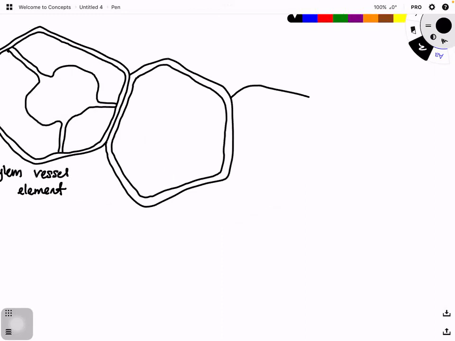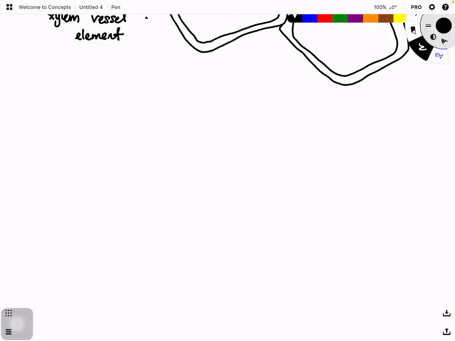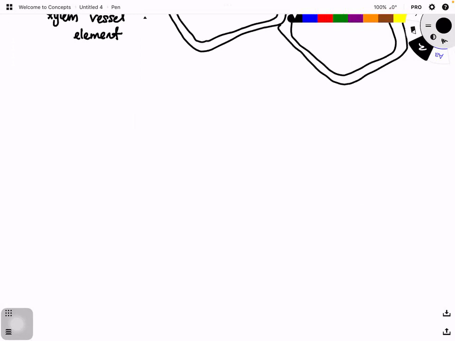You can draw it, you can take a snapshot later. So because of the loosely packed mesophyll cells, or spongy mesophyll, it creates what we call the air spaces, or the substomatal cavity. Okay, so now we have the lower epidermal cells.